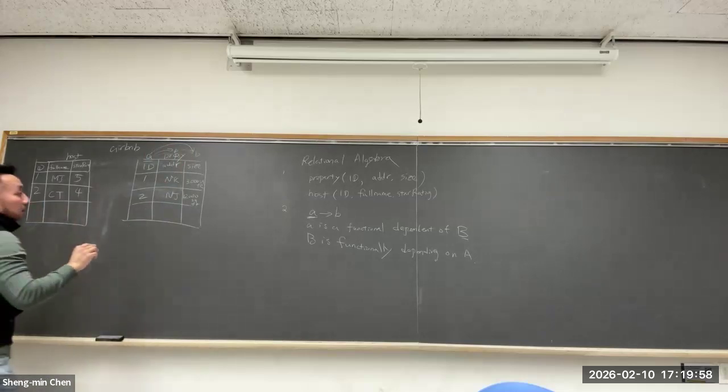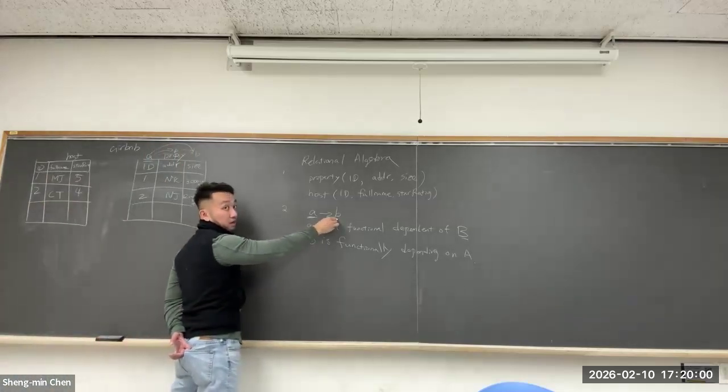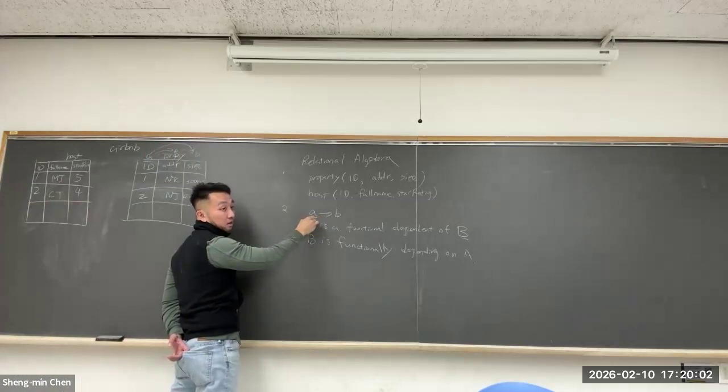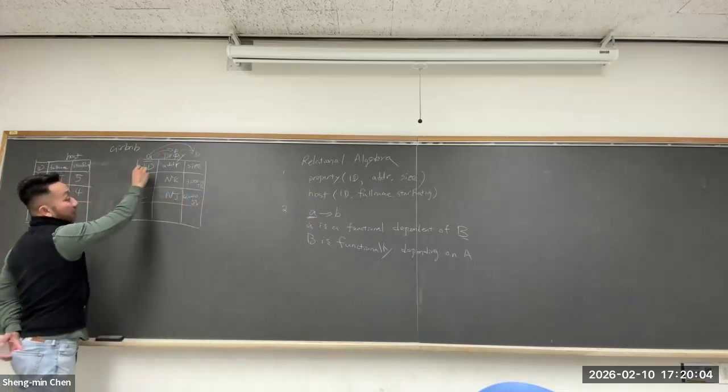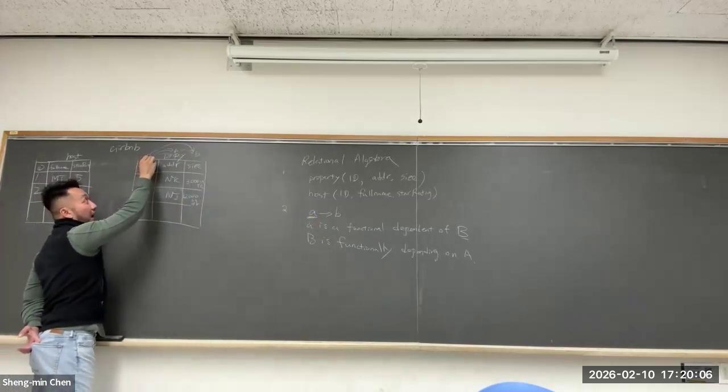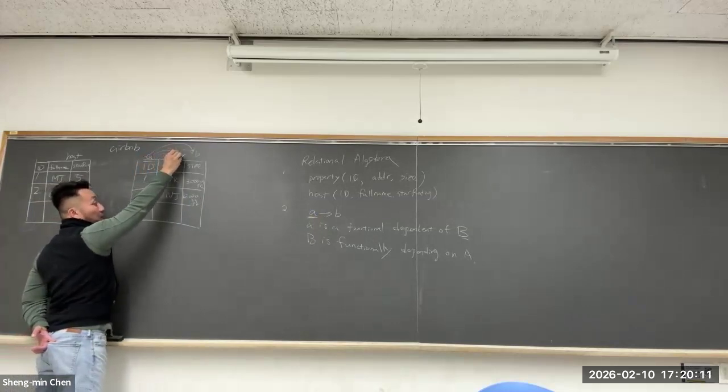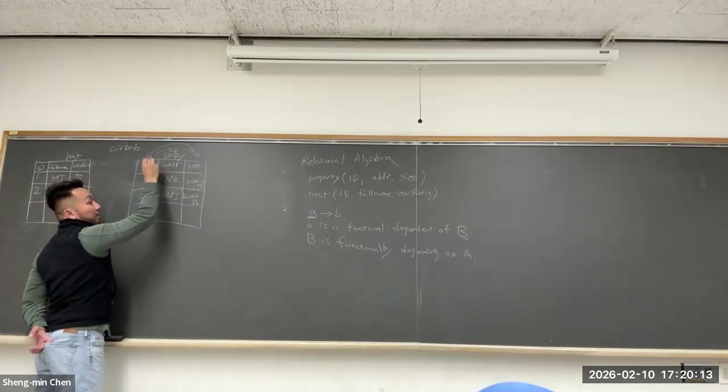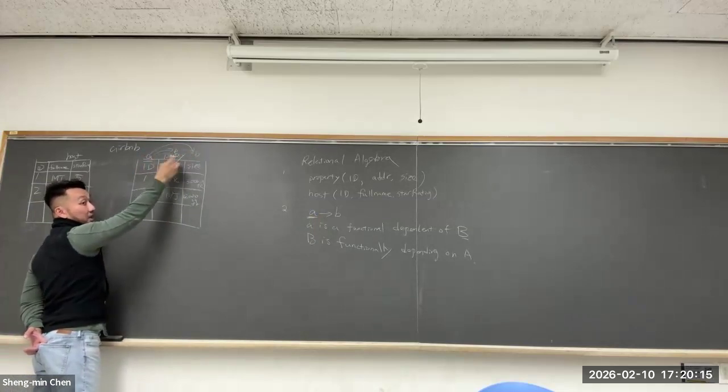But B cannot go back to A. A can go to B. ID or identifier, therefore non-identifier. This direction is fine, not the other way around.